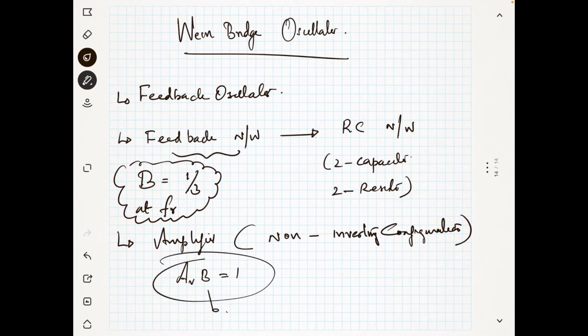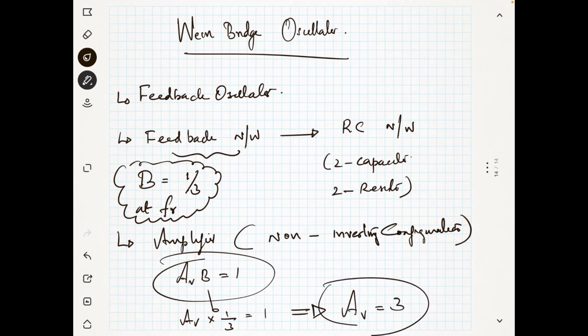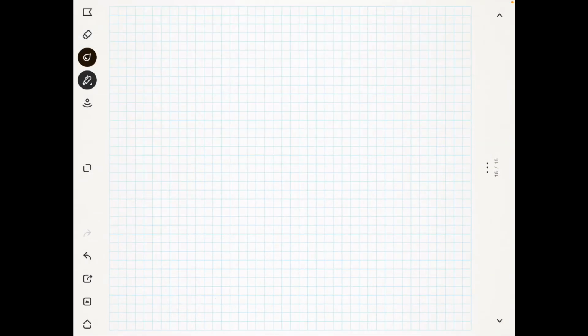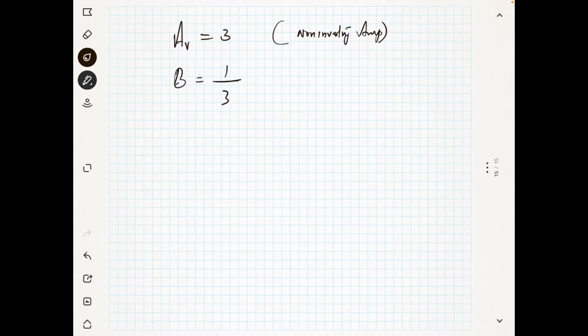So, if B is equal to 1 by 3, then AV is equal to 3. This is a very important point for the Wien bridge oscillator. We use a non-inverting amplifier with AV equal to 3 and B equal to 1 by 3.